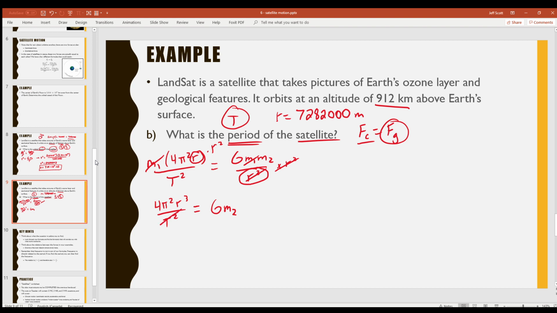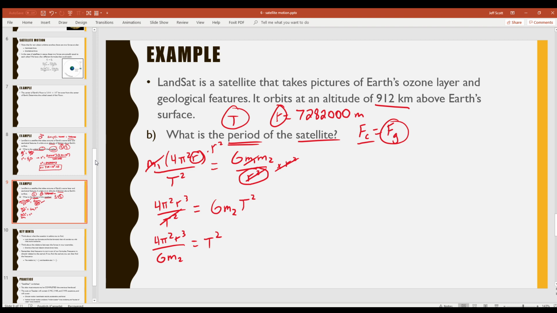So that would remove it on the left side and tack it on to the right side. And then we can divide away by G m2. So really our formula is going to look like 4 pi squared r cubed over G m2, and that equals t squared. So from here, we can just throw the numbers in. We know what our r was. It's the same as it was in that last question. Pi, of course, is just a constant number.